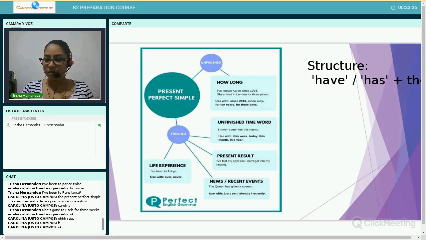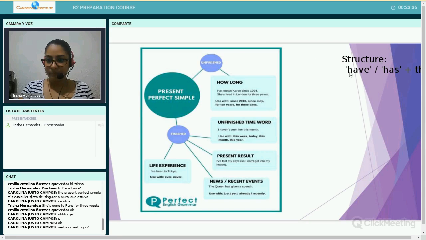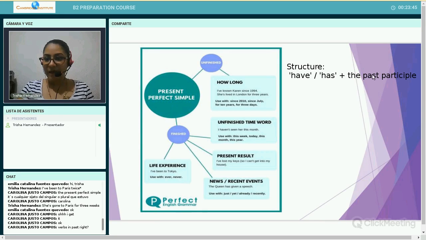We use have, has, plus the past participle of the verb.